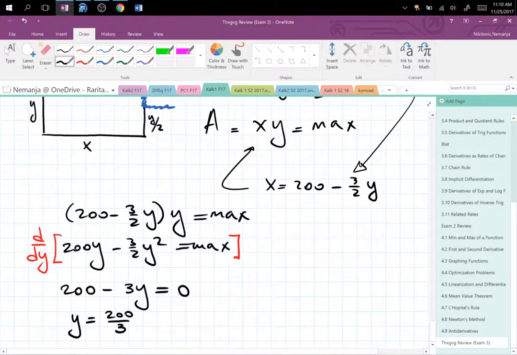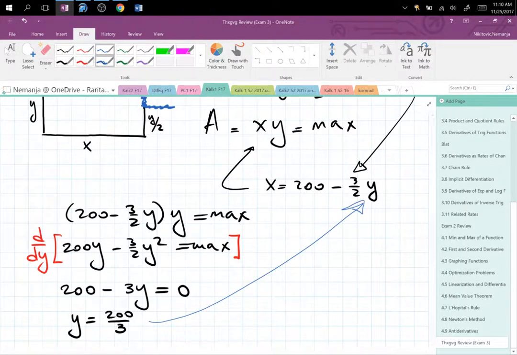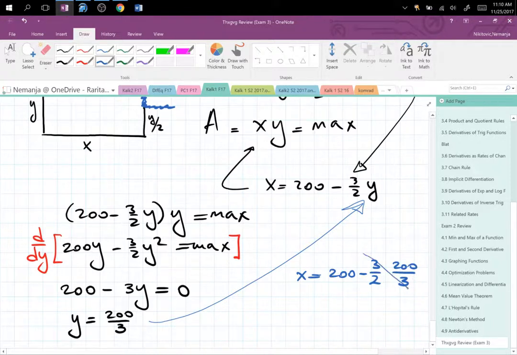So Y is 200 over 3. And now we feed that into the X equation to find the value for X, which is 200 minus 3/2 times 200 over 3. These guys cancel, and we get X is equal to 100.